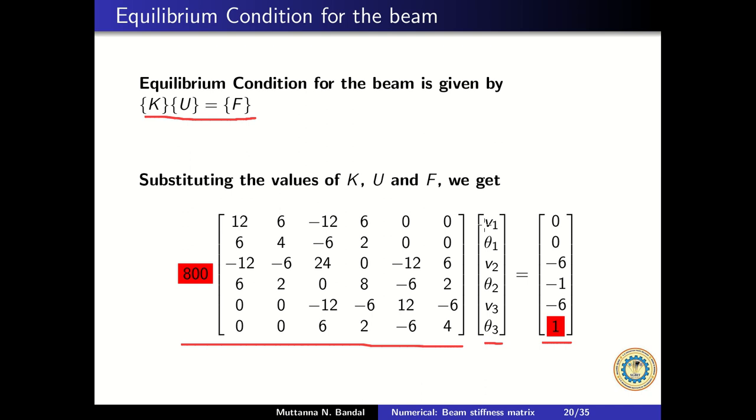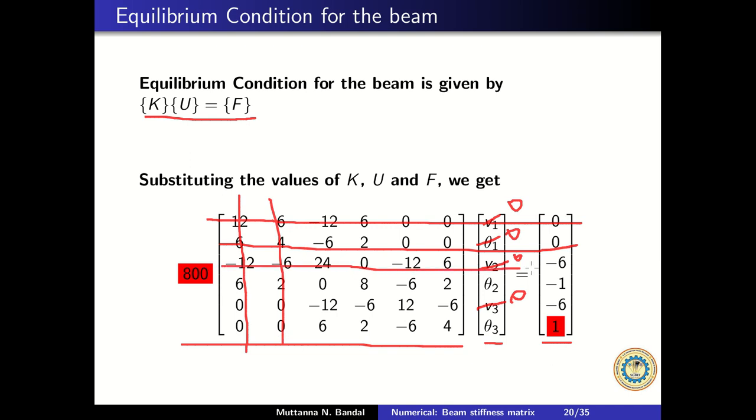We know that this is 0, this is 0, this is 0, theta 2 is not equal to 0, and V3 is also 0. So I will cancel the corresponding rows and columns: row 1, column 1, row 2, column 2, row 3, column 3. Since theta 2 is not equal to 0, I won't cancel this.